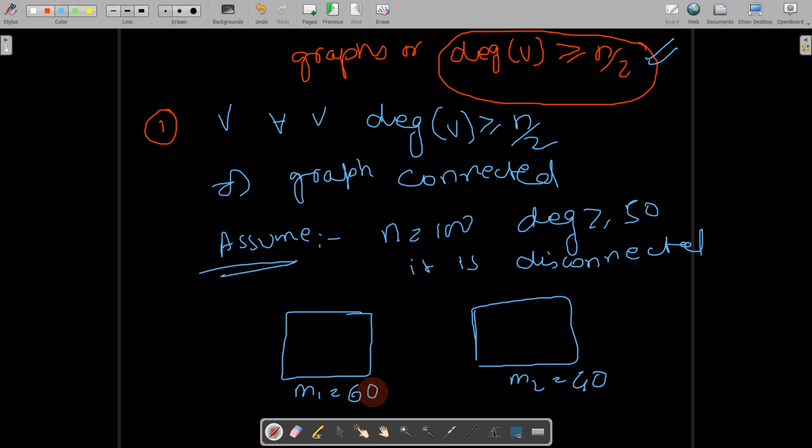Now, what can be the maximum degree of any vertex in M1? It is connected to all other vertices, so it can be 59. Its degree maximum can be 59, that is greater than 50, so it is okay. But in the second, the degree of every vertex maximum can be 39, and that is less than 50. So we knew that degree of all the vertices has to be greater than or equal to 50. So this is a contradiction.